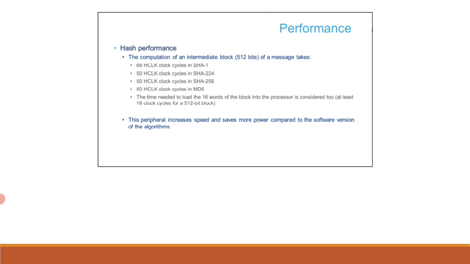HCLK is the CPU clock and can go as high as 216 megahertz. We should note that the main benefit of using a hardware accelerator is to increase speed and save power compared to a full software implementation of the hash functions.